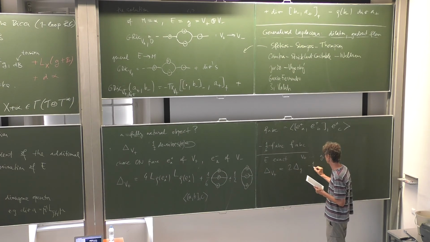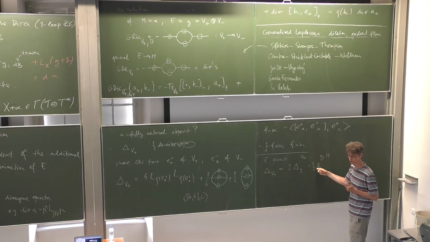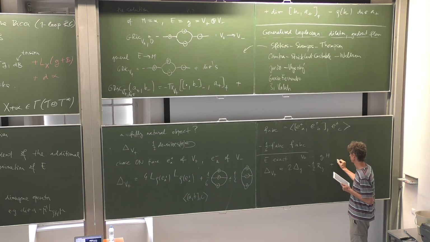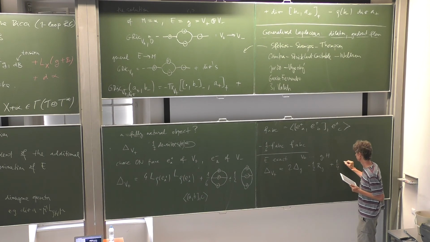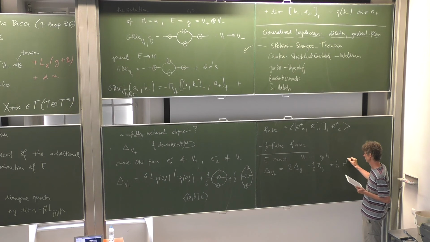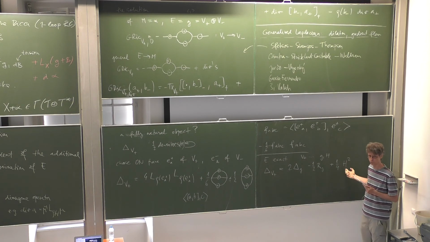So there is minus 1/2 times the scalar curvature of the same G, and plus 1/4 times H squared. It's like 2 H's, and indices are contracted with the metric.